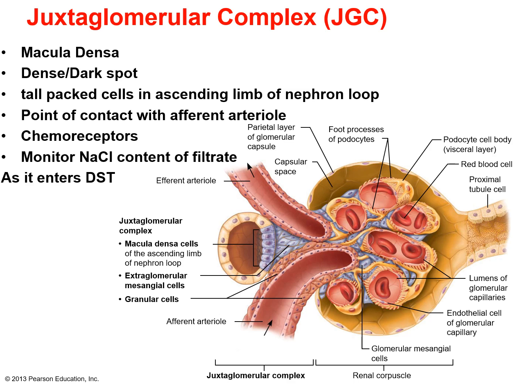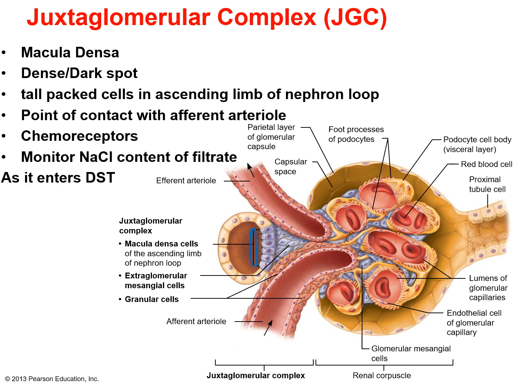The first type of specialized cell within your juxtaglomerular complex is the macula densa. The macula densa is going to be this area right here. It is associated with your ascending limb of the nephron loop. Macula densa really means dense spot or dark spot. It's a specialized region where you have a series of tall, very closely packed together cells in the ascending limb of the nephron loop.